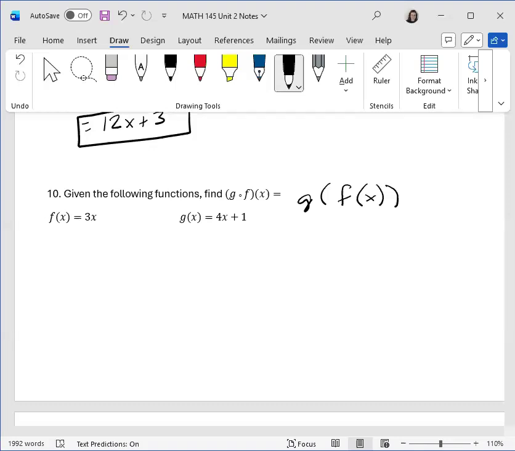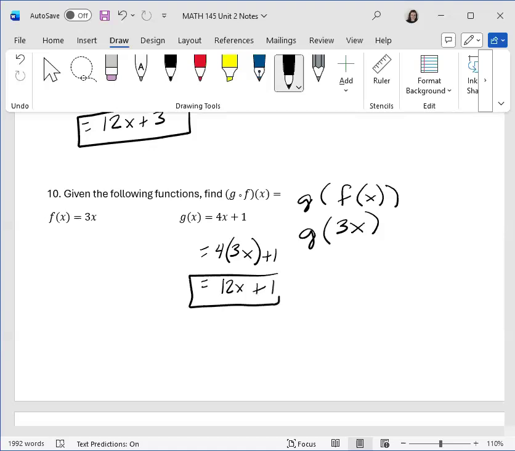So replacing 3x for the inputs, we would have g of 3x. Now this is asking me to substitute 3x into g's function. So replacing that x with the expression 3x, I'm going to multiply the 4 times 3x, which is 12x, and then plus 1. So this expression 12x plus 1 represents the composition of those functions.